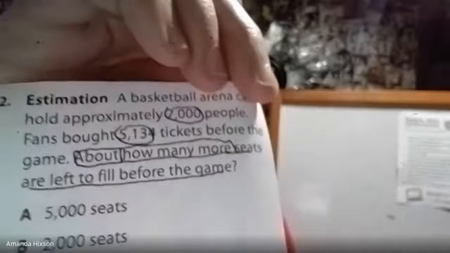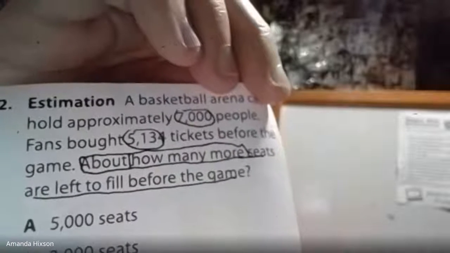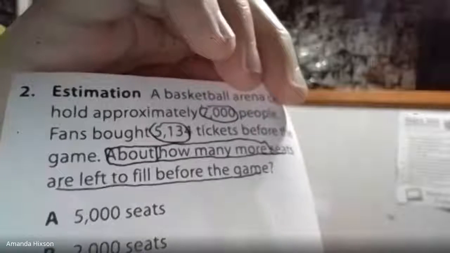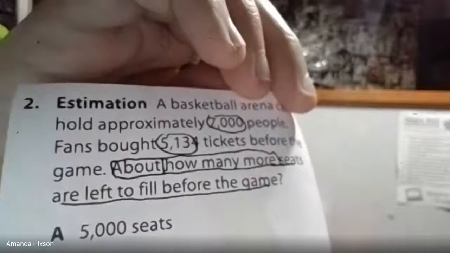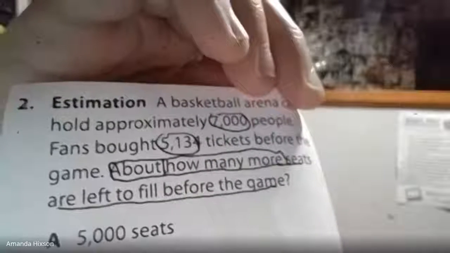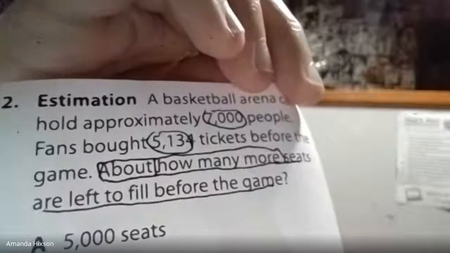Let me put the box around the keywords. We have 7,000 and 5,134. And in the question sentence, it says about. So that's where it tells you to round, because it's estimation, asking about. And then it says how many more. And in how many more, we do what? Add, subtract, multiply, or divide?